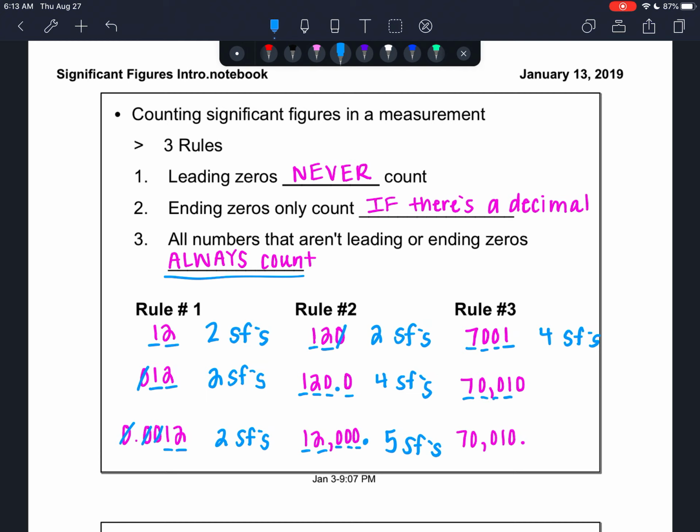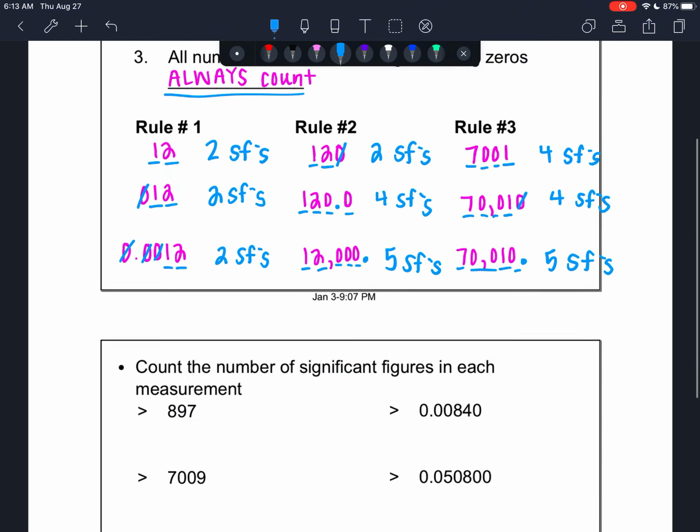I know that my middle zeros count, but this ending 0 is only going to count if there's a decimal, and there is no decimal in this number, so still only 4 significant figures. Now my last one, 7 and 1 count, my middle zeros count, and there's a decimal, so that ending 0 also counts. So there are 5 significant figures.